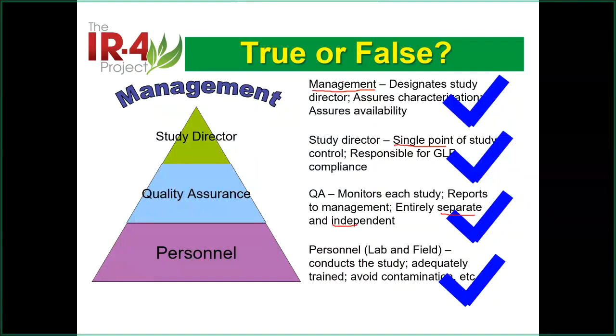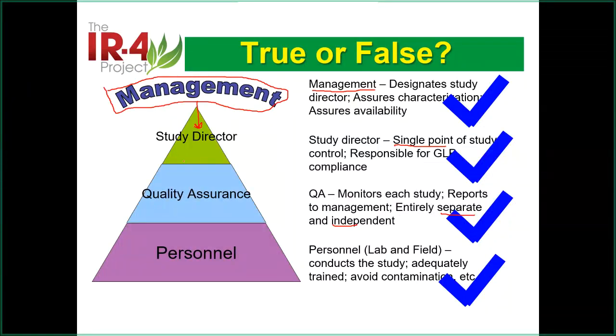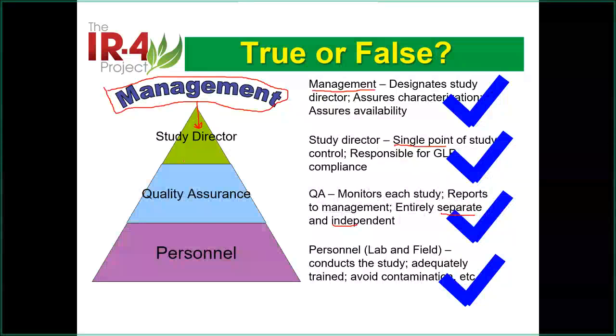Let's read from the left-hand side and compare to the right-hand side. True or false? Okay, the big boss is on the top, no problem. Then the boss can hire or designate a study director. That part is also okay. This is wrong.